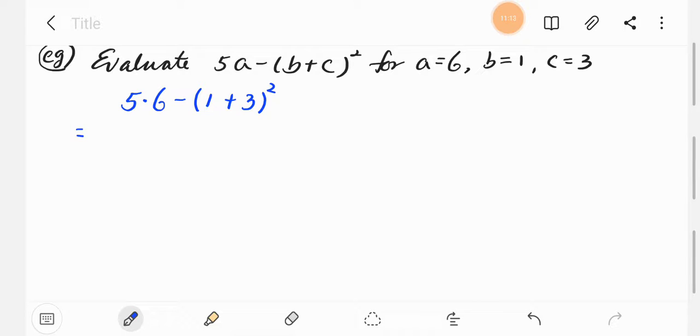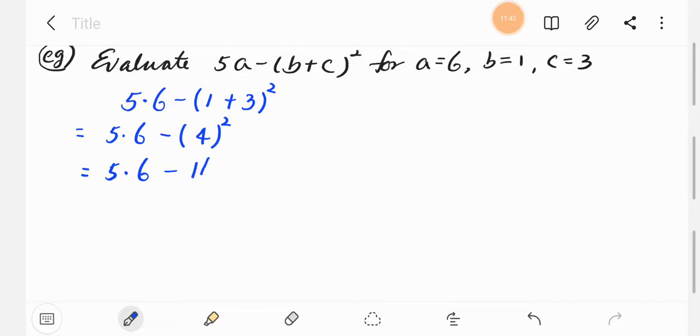And then next, use PEMDAS, the order of operations. Since we have a parenthesis, why don't we simplify the parenthesis? The parenthesis is 1 plus 3, so there will be 4 squared. Is there an exponential form? Yes, 4 squared. So 5 times 6, and then 4 squared is what? 16, 4 times 4.